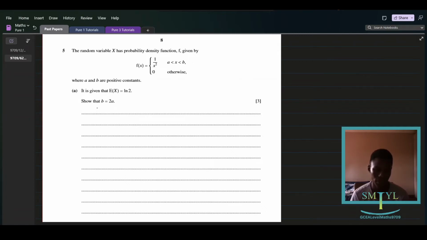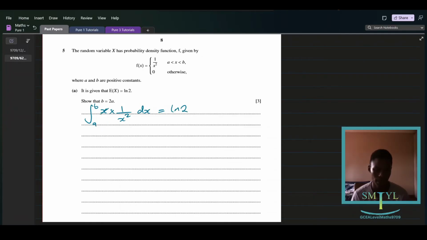So we can use the formula for expectation of x, which is available in the MF19. So that's with the limits a and b, x times f of x, which is 1 over x squared, with respect to x, and we know that this should be equal to ln 2.